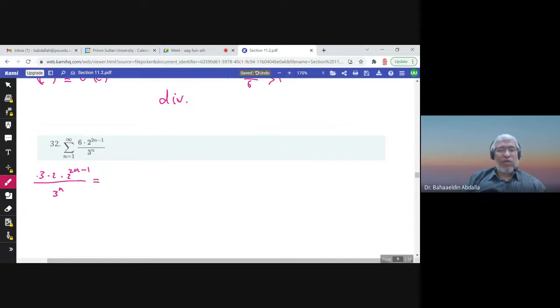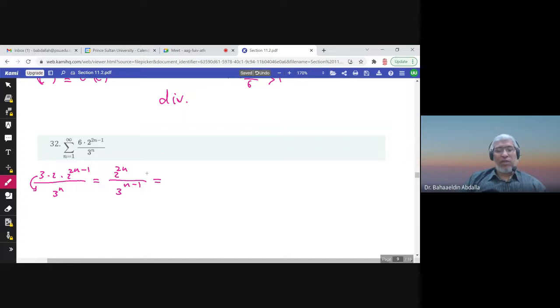Well, this 3, if I bring it down, it would be 3 to the power negative 1, and then multiply by 3 to the power n, I will have 3 to the power n minus 1. And the 2, I will have 2 to the power 2n minus 1 plus 1, so that's 2 to the power n.